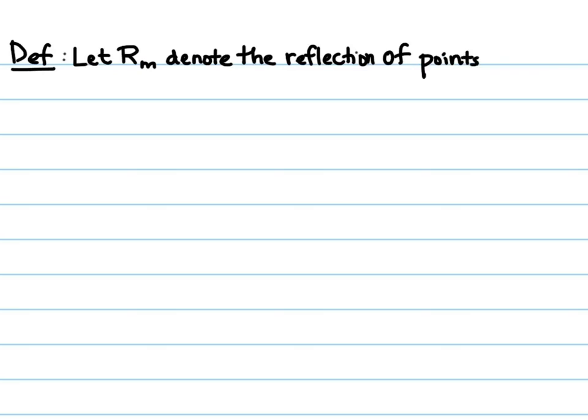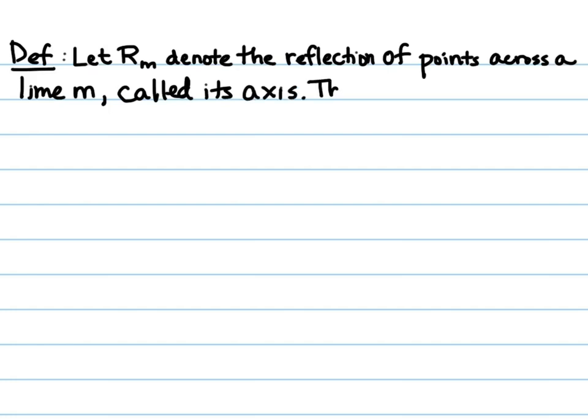We're going to let R sub M denote the reflection of points across a line M, called its axis. The image of a point P we'll call PM.